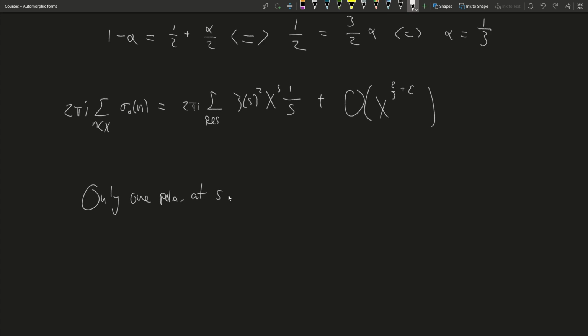And that pole is at s equals 1, but it is a double pole. So this double pole is going to give some different behavior for this asymptotic.